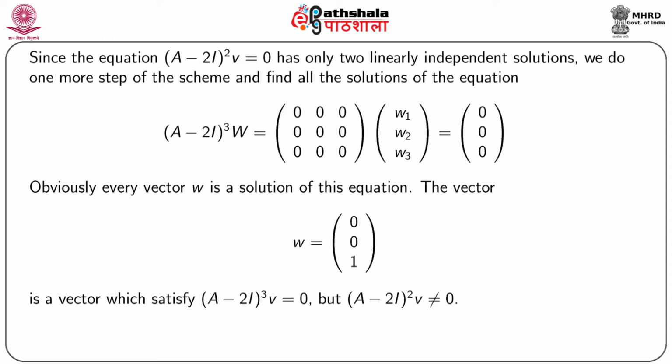It is clear from here that every vector w is a solution of this equation, and hence we choose a vector arbitrarily, w equal to 0, 0, 1, which satisfies (A minus 2I) cubed v equal to 0, but (A minus 2I) squared v is not equal to 0. Please note that you can choose any arbitrary vector w here which satisfies these two conditions, and it is going to give another linearly independent solution.